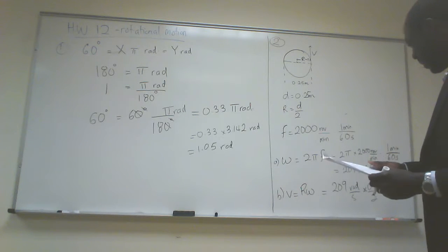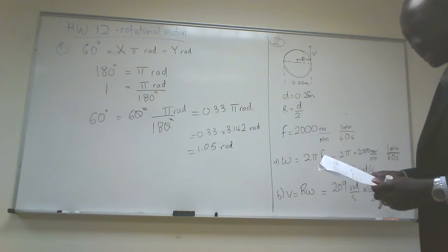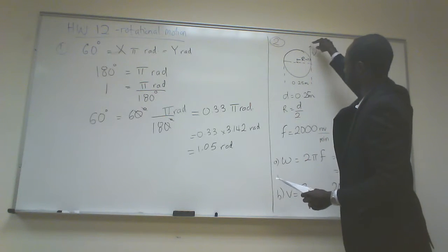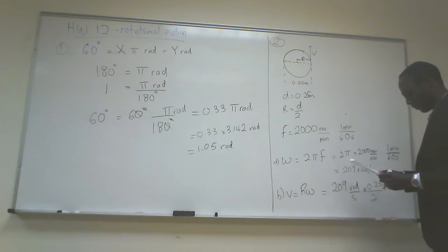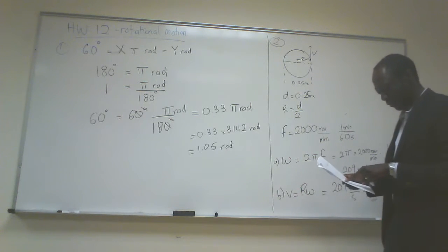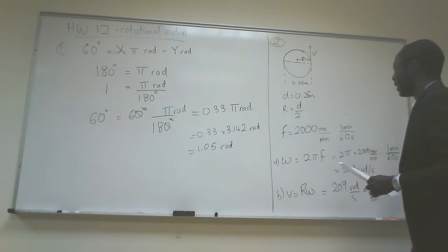All right, and in the third part, we have to find the acceleration of a point on the edge of the grinding wheel and its magnitude.